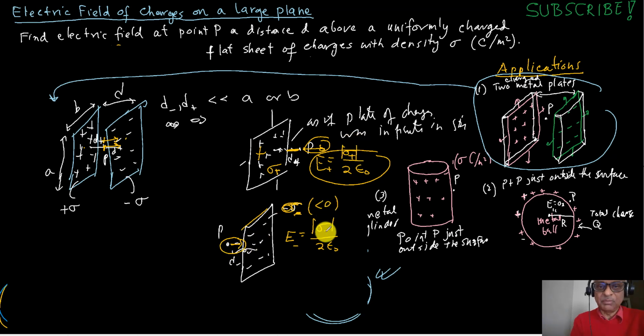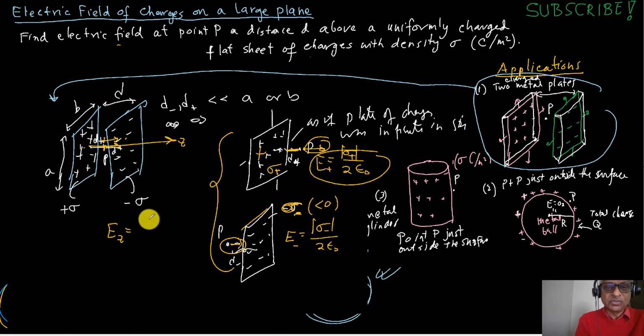This is already positive. So when I add these two, if this direction is the z-axis direction, then Ez is going to be the absolute values of sigma plus and sigma minus added, over 2 epsilon naught.